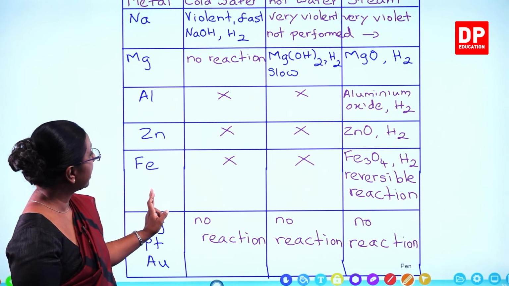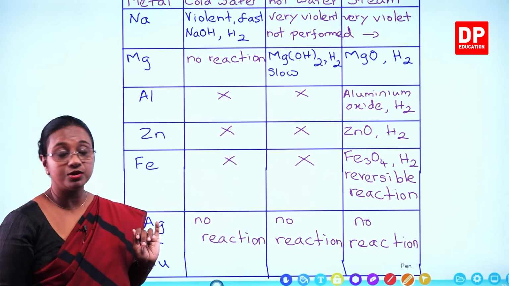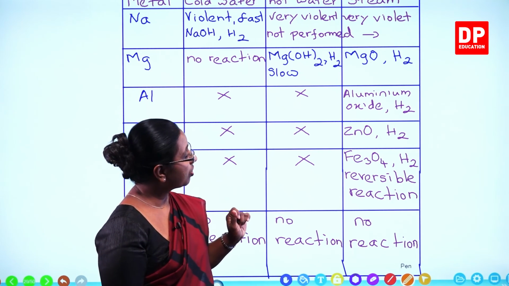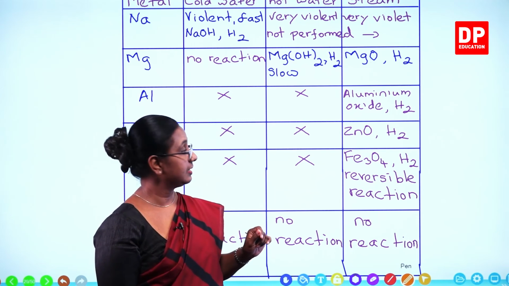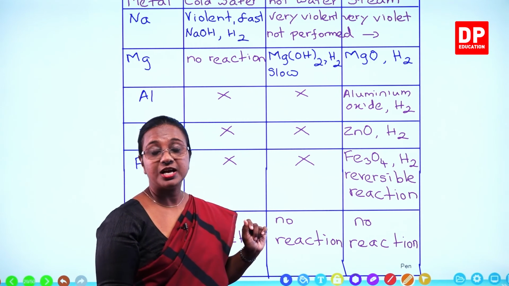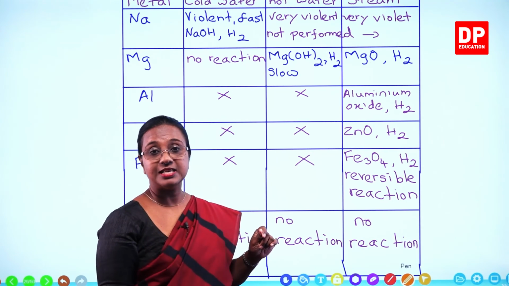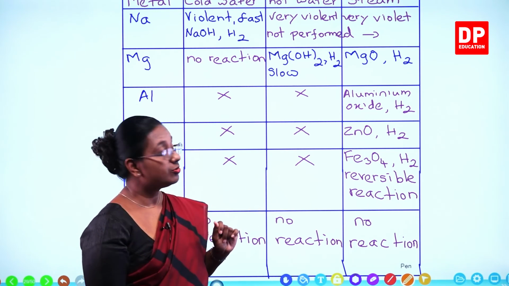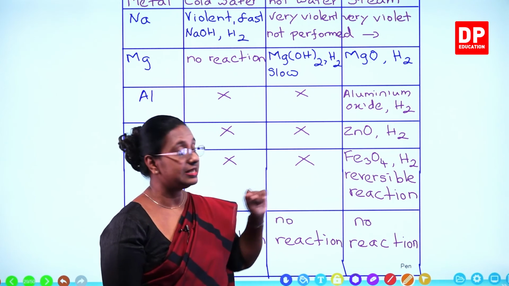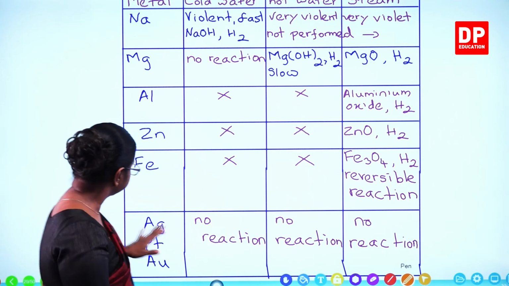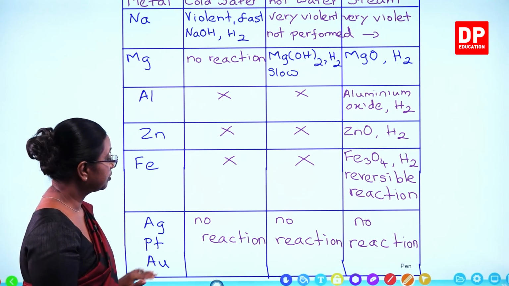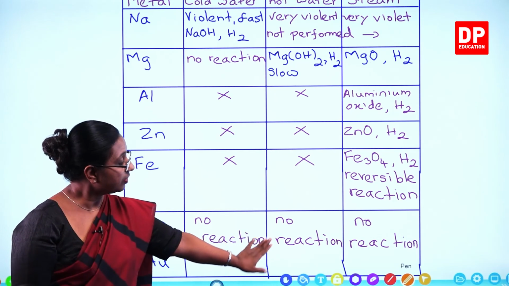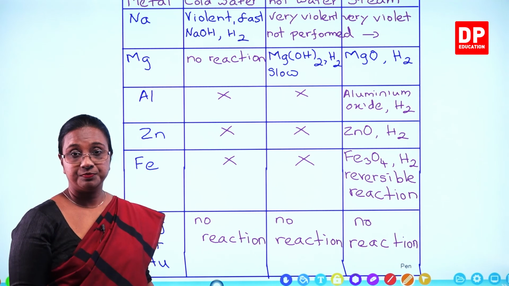Aluminium, zinc, iron, no reaction with cold and hot water, but they produce the oxide and hydrogen with steam. Aluminium oxide Al2O3, zinc oxide ZnO, those are normal reactions, but iron produces Fe3O4 and it is a reversible reaction. Silver, platinum, gold do not react with water, cold water, hot water or steam.